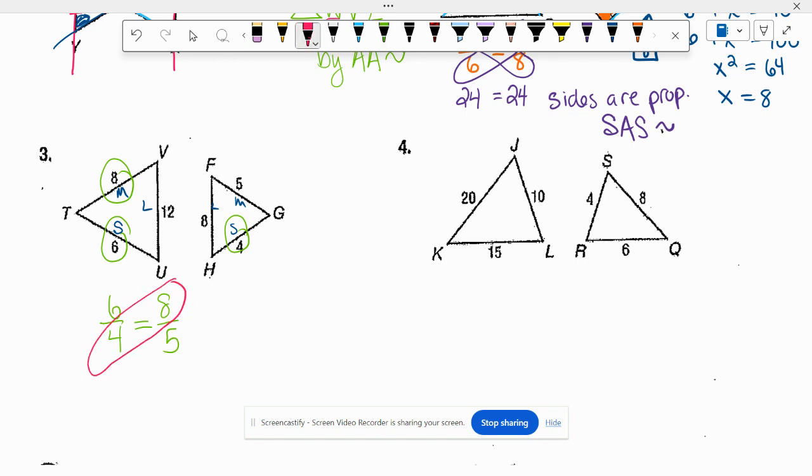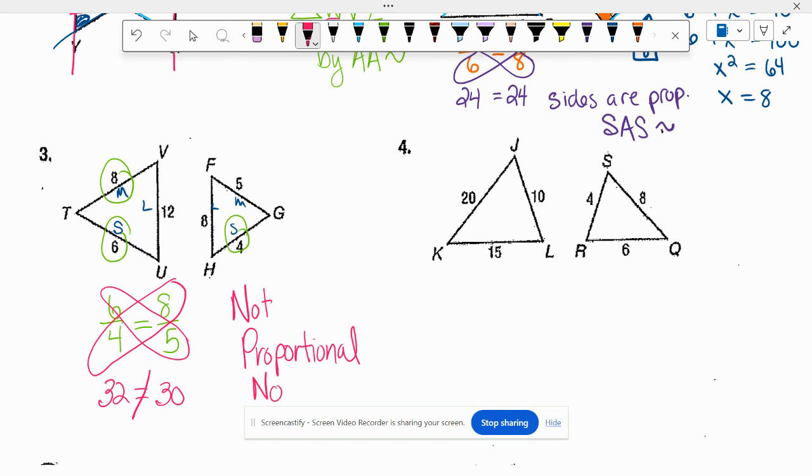What is 8 times 4? And what is 6 times 5? 30. Does 32 equal 30? No. So these are not proportional. You can't prove that they're similar. So if they're not proportional, that means that the triangles are not similar.